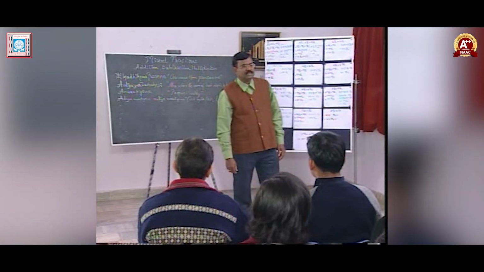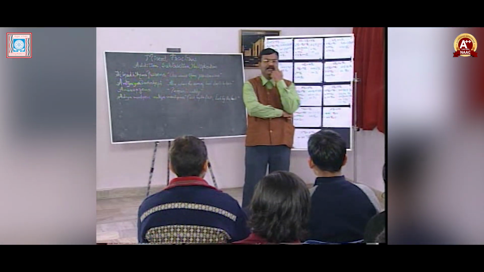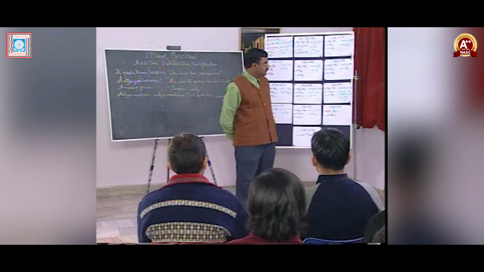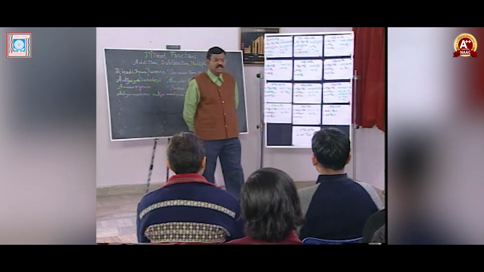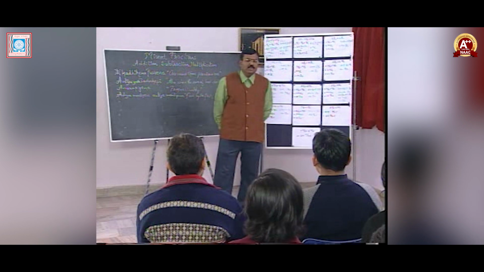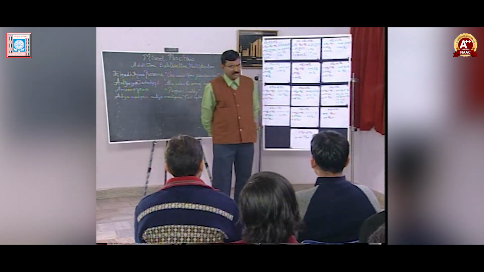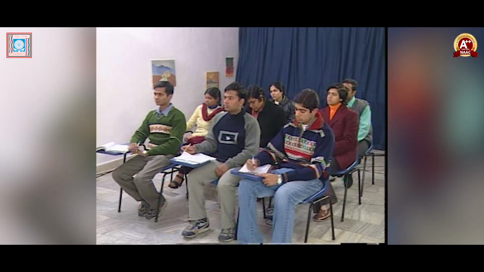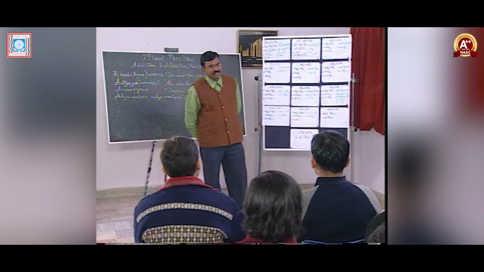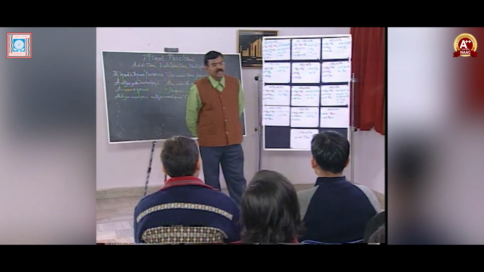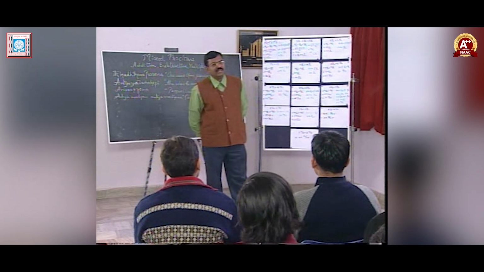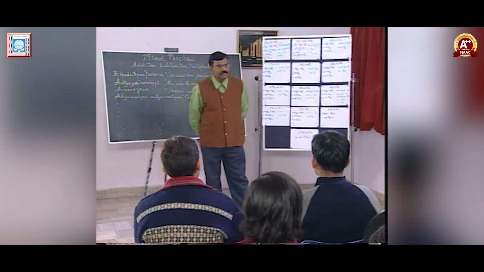How it is applicable to the mixed fraction of multiplications. Especially we will follow nearly 5 steps in the conventional method for the mixed fraction. Whenever we find a mixed fraction, we first convert it to an improper fraction. Then, second step, we cancel the numerator and denominator in case of multiplication.